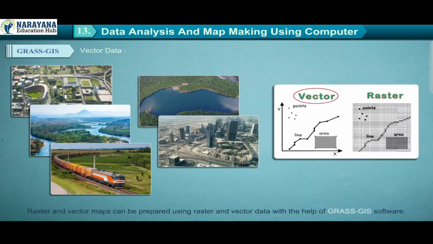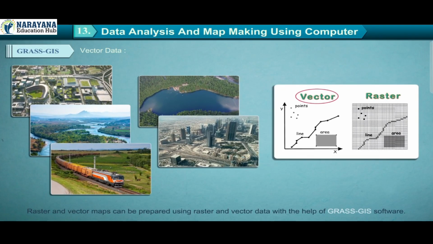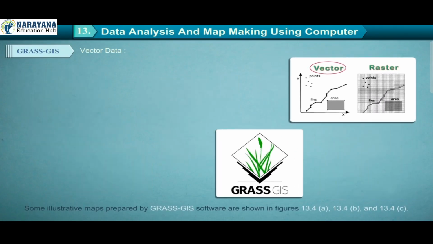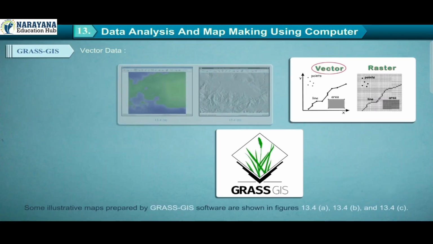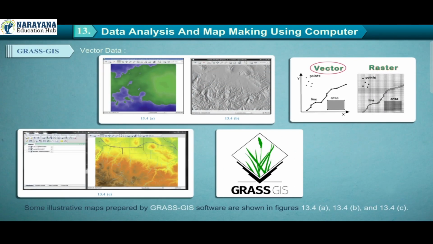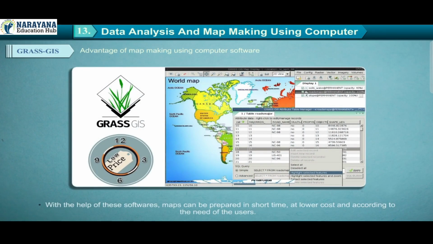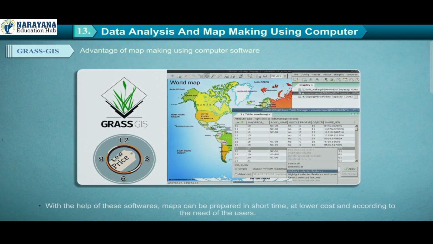Raster and vector maps can be prepared using raster and vector data with the help of GIS software. Some illustrative maps prepared by GIS software are shown in figures. Advantages of map making using computer software. With the help of these softwares, maps can be prepared in short time, at lower cost, and according to the need of the users.